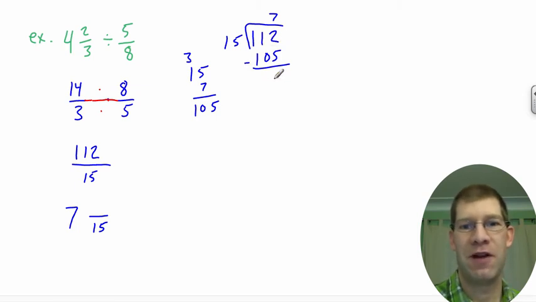And then from there, if we subtract, I end up getting a 7 here as well. So the remainder, when I pull 7 multiples of 15 out of 112, I have 7 of the 112 left. So it would be 7/15 for a final answer.